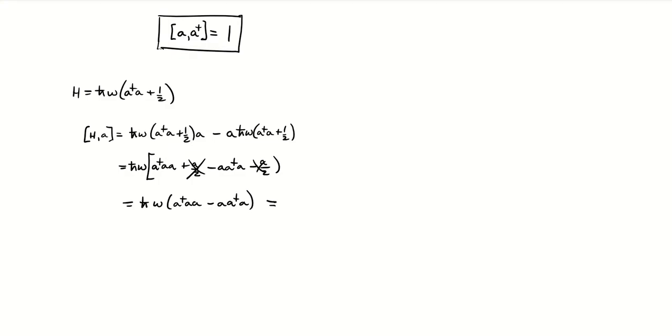This can be written just as h bar omega times A dagger A minus A A dagger times A, and this is just the commutation relation of A dagger and A, but negative of that because we've switched the order.